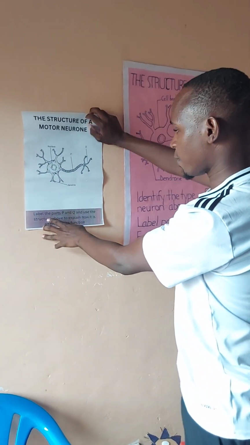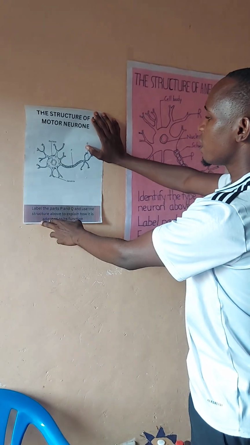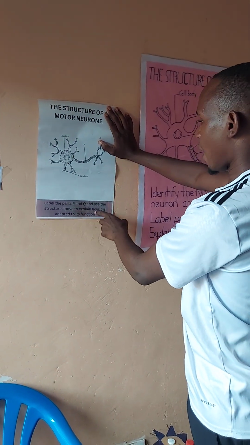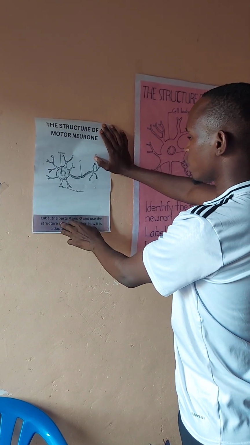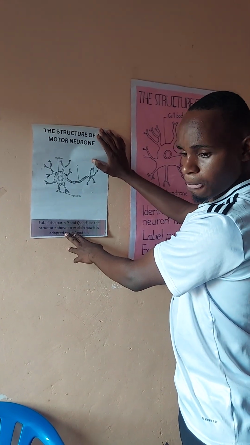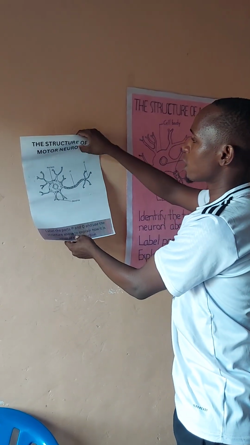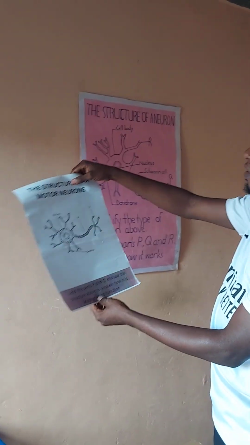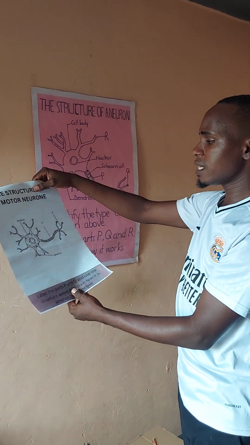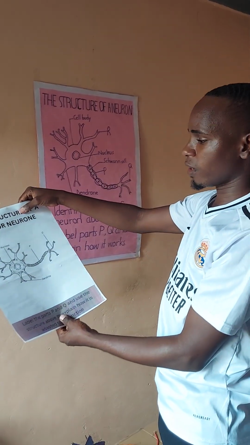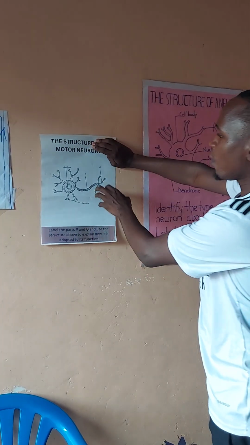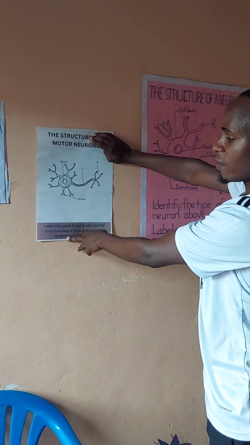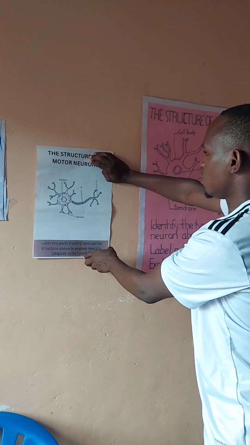I appreciate that. Then, use the structure above and explain how it is adapted to its function. In this way, identify the part and state the function of that part contributing to the function of the motor neuron.